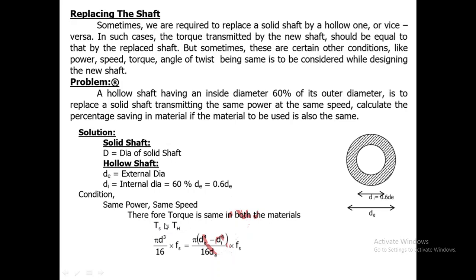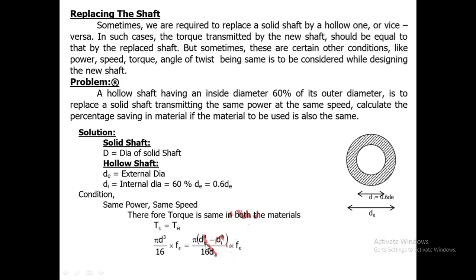We apply the formula for torque with respect to the shear stress, the diameter, and the polar moment of inertia. So T, torque, is expressed in terms of shear stress and polar moment of inertia for the solid shaft, and similarly the same formula is used for the hollow shaft with its polar moment of inertia.